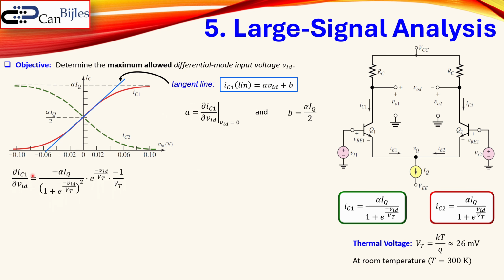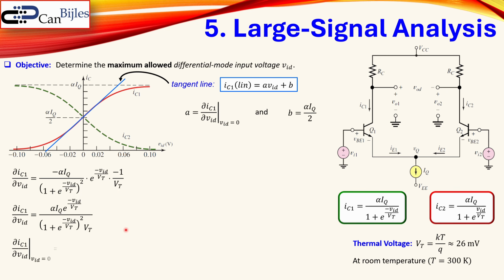So let's calculate this slope first. We will partially differentiate this IC1 towards the VID. That's shown here. We will use the chain rule twice, and then you get this expression. Then you rewrite the terms, and you get a minus and minus, so they will eat each other up, and you get this VT in the denominator, etc. A couple of steps, and then you get this one.